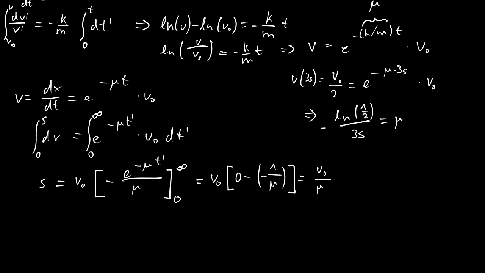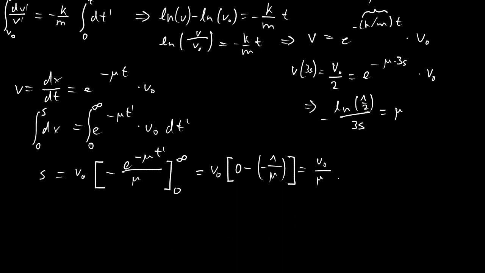And then we can just plug this in here for mu, and if we have the initial velocity and we have this friction coefficient here, then we can calculate what we will get.